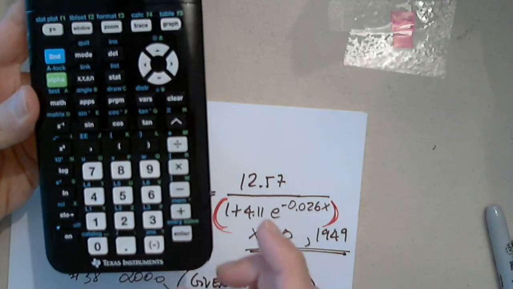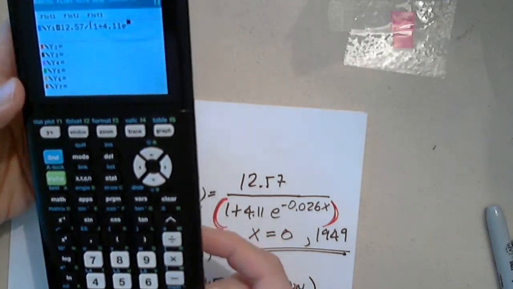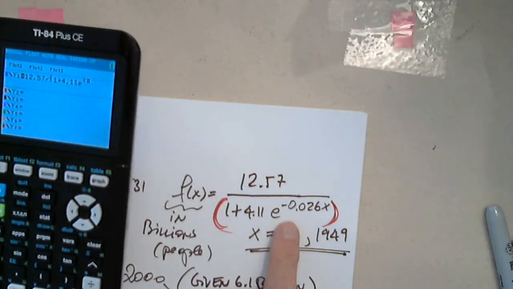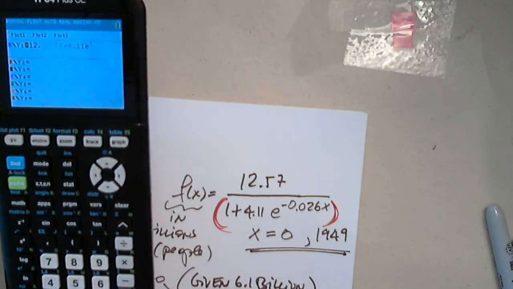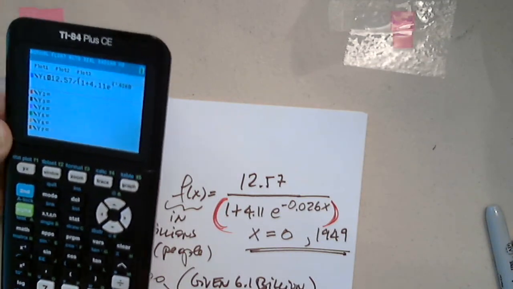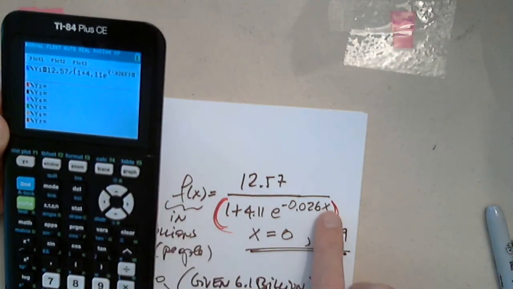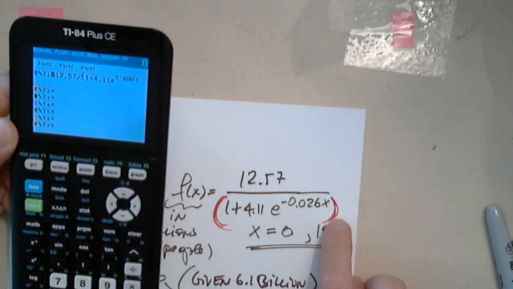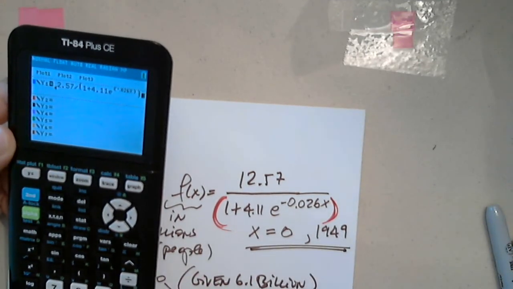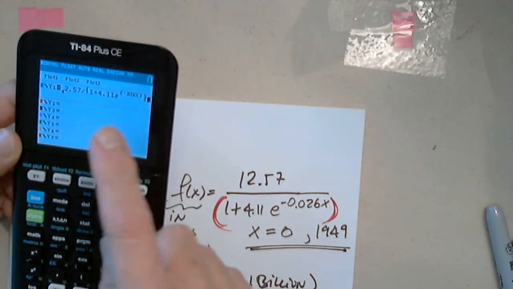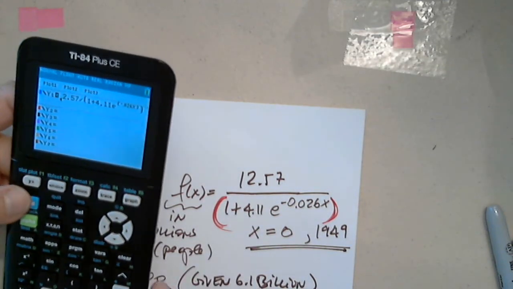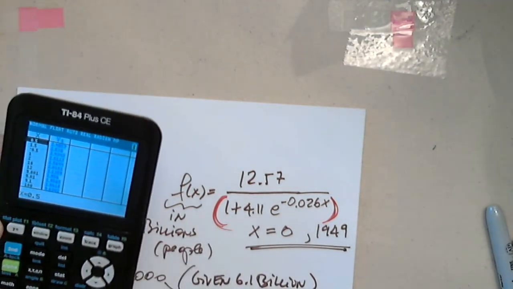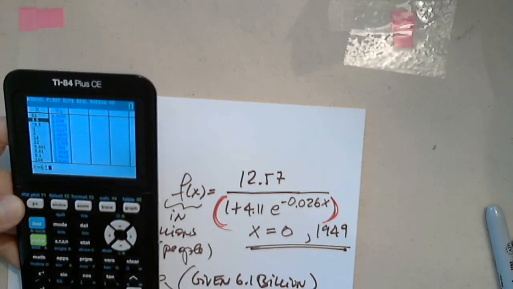So e raised to, please put it in parentheses, the power, negative 0.026x, close the parenthesis for the power, and come down and close the other parenthesis for the denominator. Bring the cursor down and then close. And now all you have to do is go to second and table after you do this and plug in 51, enter, and 61, enter.